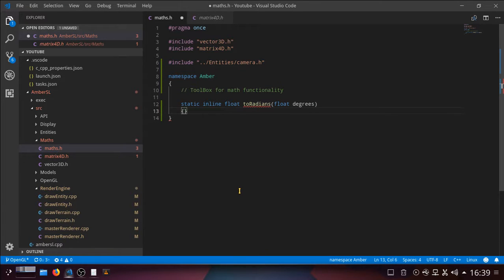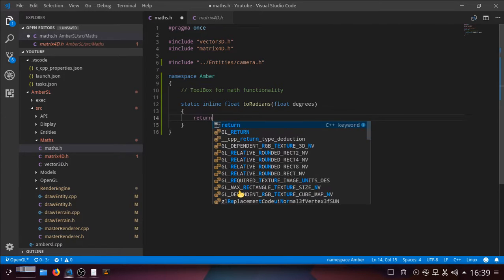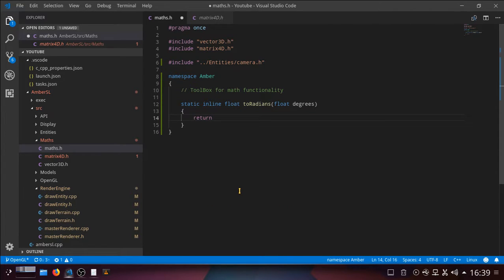Of course, we've got all our maths functions in here, haven't we? So yeah, we can just return it. Return static cast.